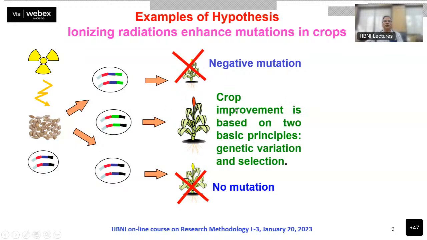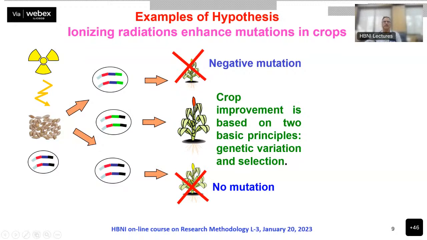So basically, you are trying to improve the crop by means of radiation, and this is based on genetic variation. Because of the genetic changes caused by radiation, some of the seeds may undergo mutation. The mutations have been accelerated by radiation. Then you select the ones which have improved traits.